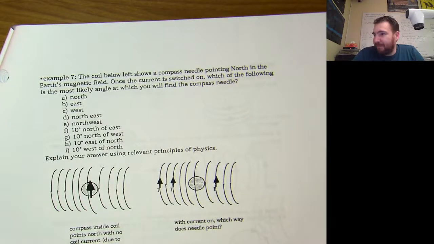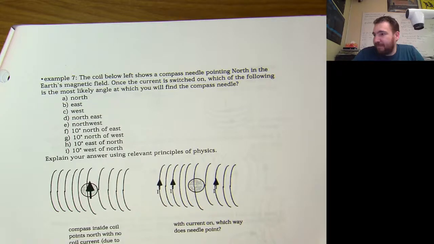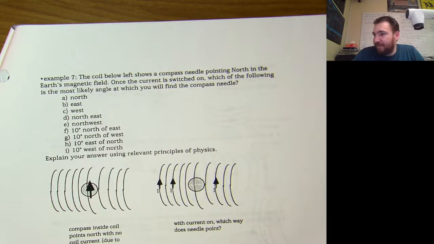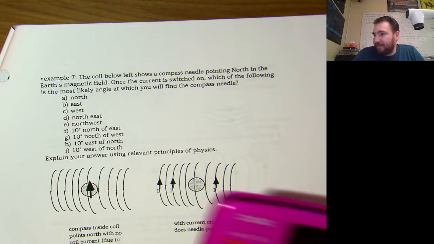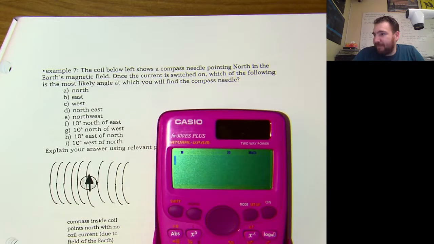You're still getting syntax errors? I think I have that same calculator, Nathan. Is it this one? Is it the Casio? Yeah. Okay. Where's pi? Oh, here.